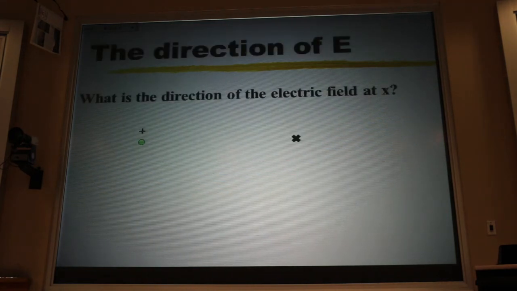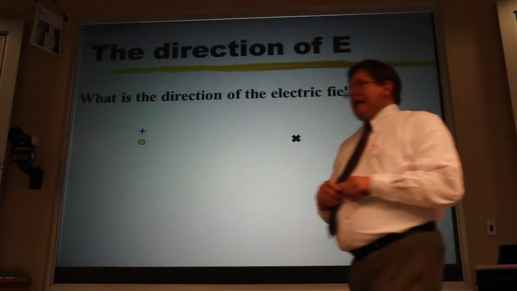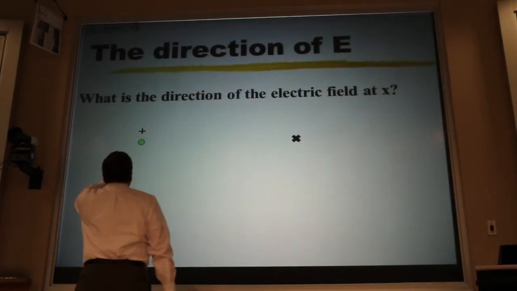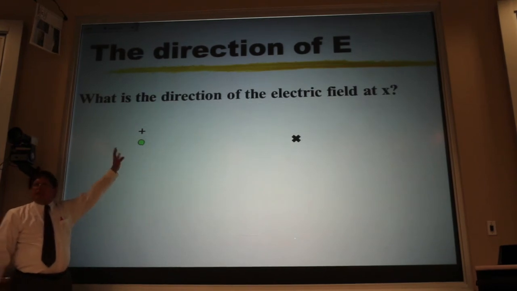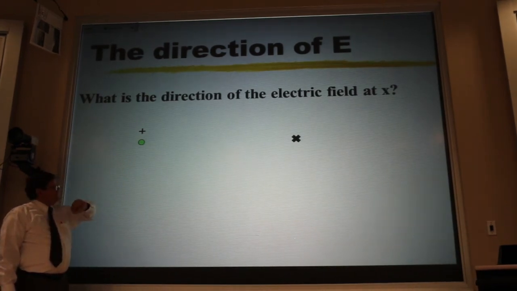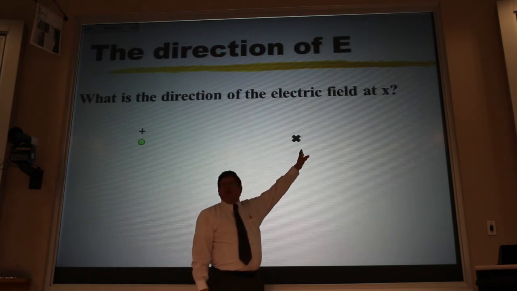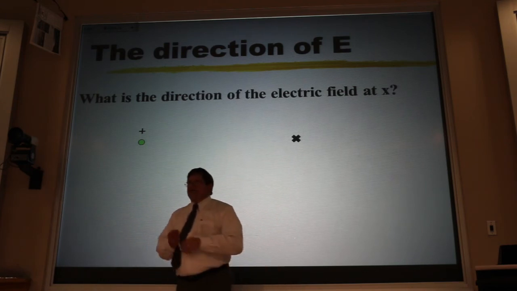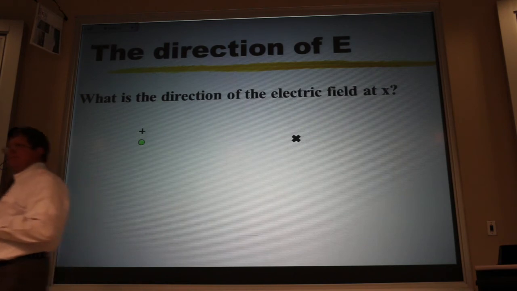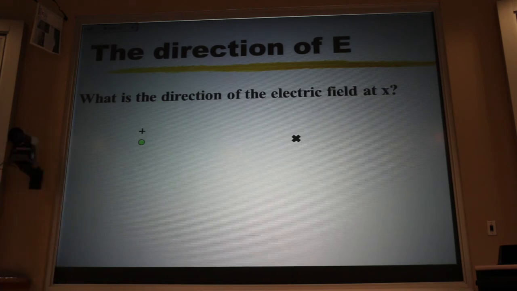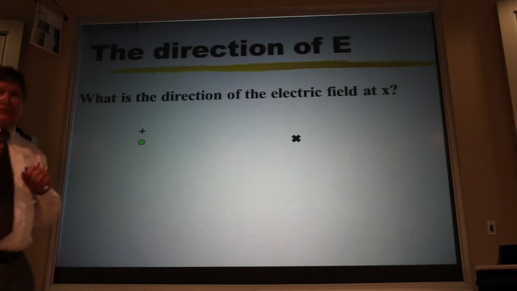Now, let's get the direction down. If I have a positive source, a positive Klingon, if you will, that source is going to create an electric field over here. And that field is going to point what direction? Remember, the electric field is the one with the waffle words.